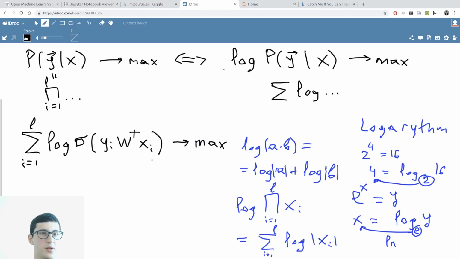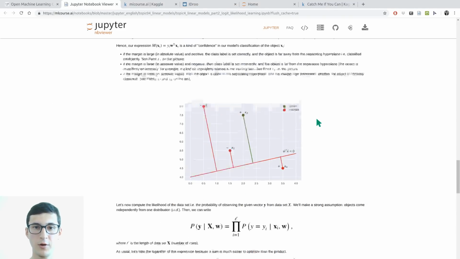It turns out that this argument of sigmoid is a very particular expression. It has some really interesting properties. So let's switch to here.